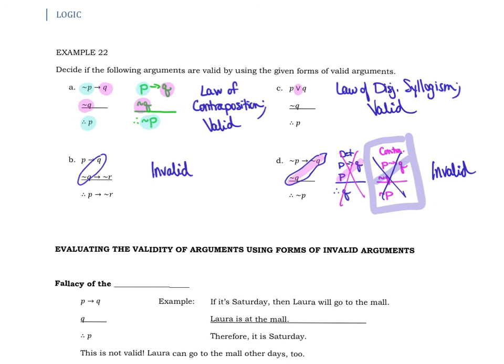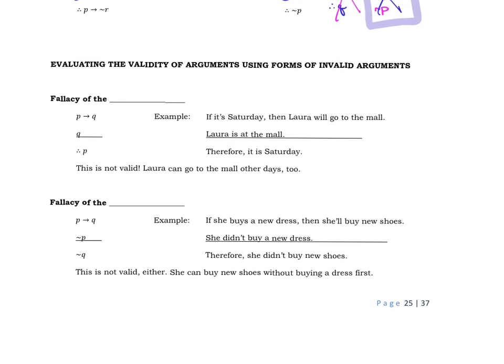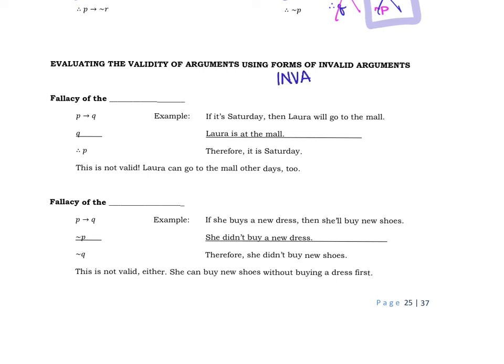Now, two other quick things before we wrap up this video. There are also some arguments that people try to pull off all the time, and they're wrong. These are invalid arguments. That's why they're called fallacies. They're not laws, they're fallacies. They're fakes.